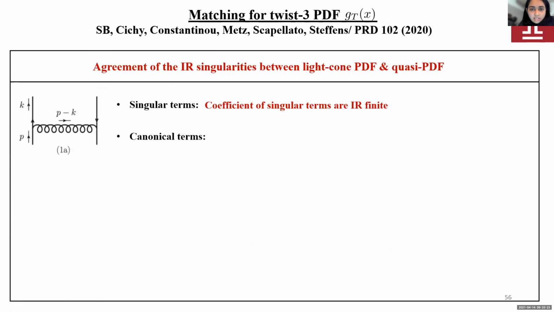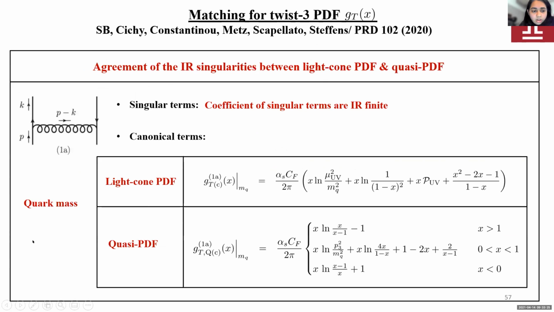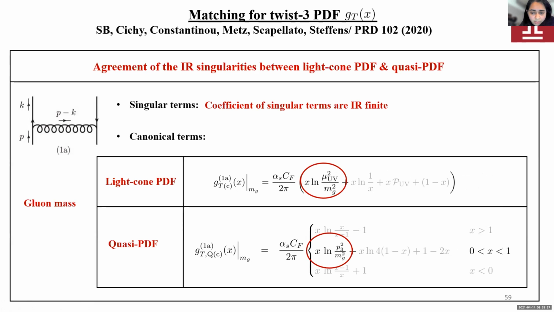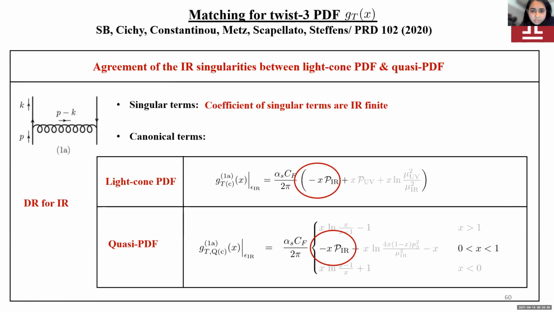But for the canonical terms, take a look at your quark mass case first. This is the light cone result, that's the quasi-PDF result. If you just focus on the poles, then you see that they exactly agree. Same story for gluon mass, and the very same story for dim reg.